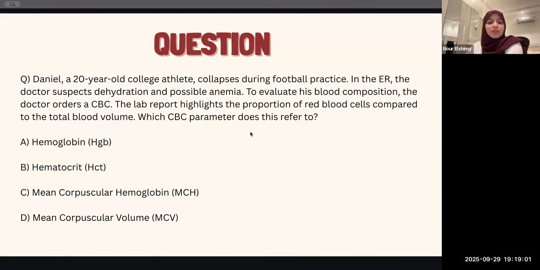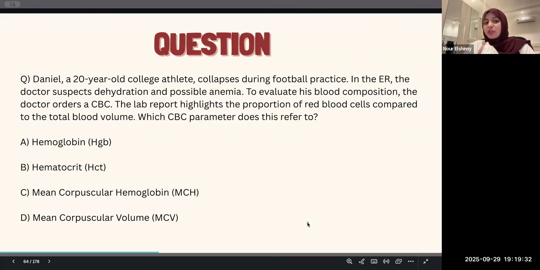Anyone? Okay, guys, just tell me the answer. What do you think the answer is? Okay, I have different answers here. All right, okay, let's see.